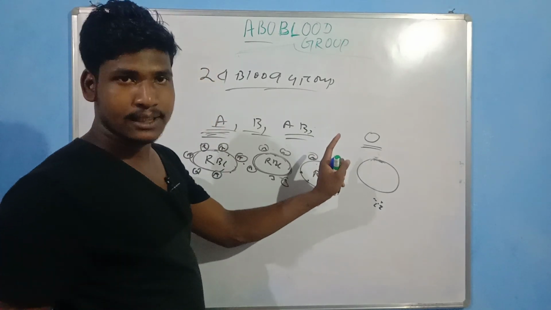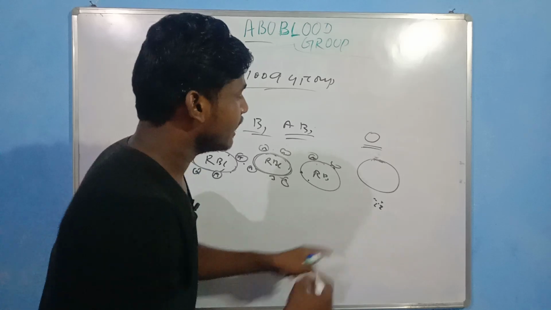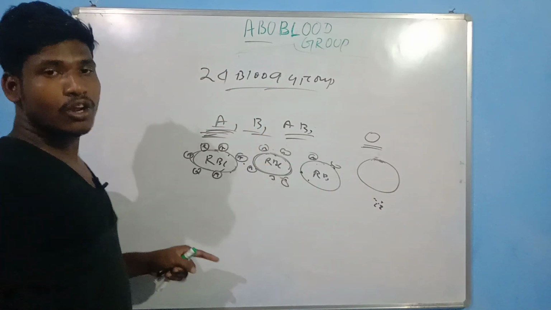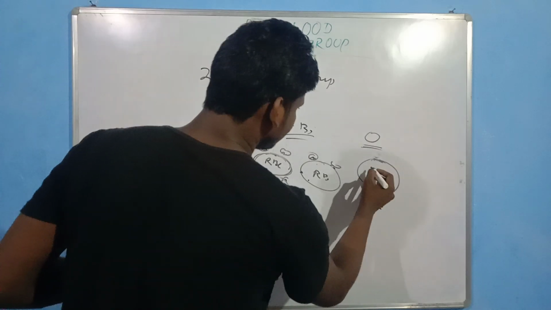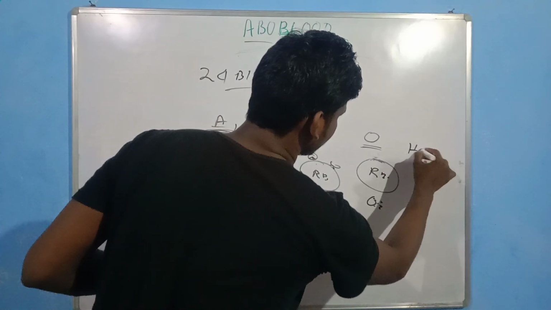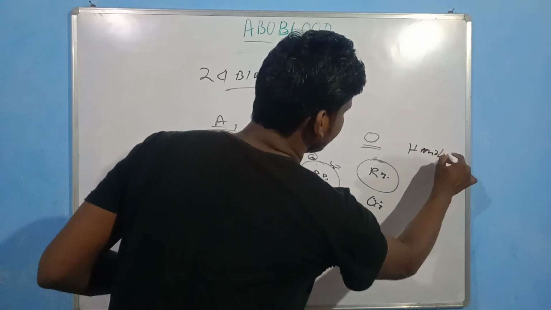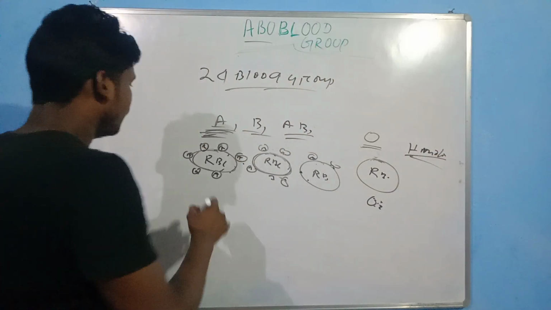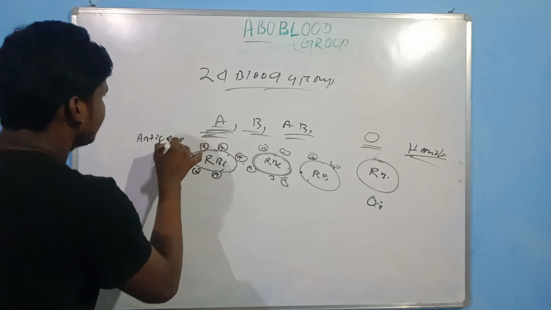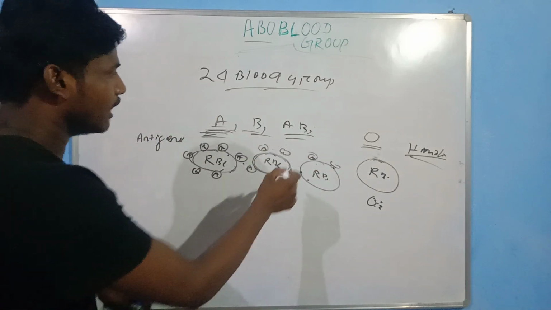The O blood group contains only the H molecule and cannot contain the A antigen or the B antigen.